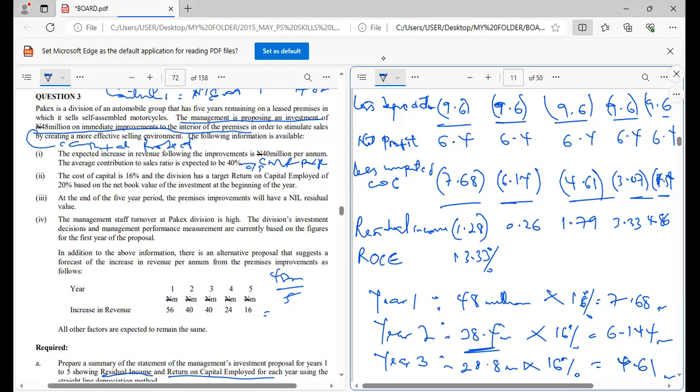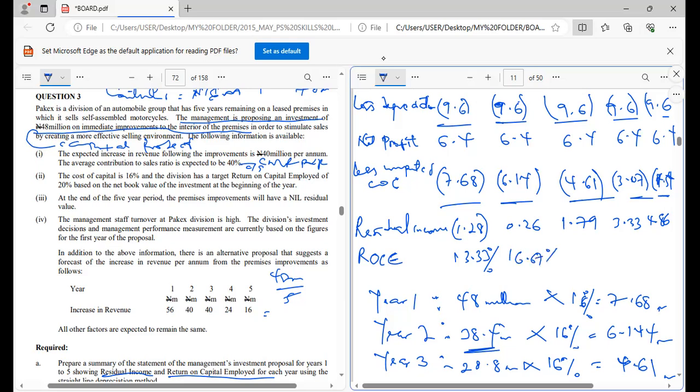What's this one? 6.4 divided by 38.4. That's 16.67%.